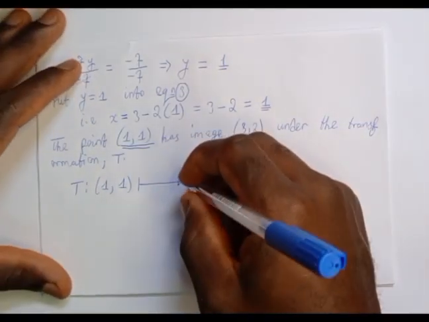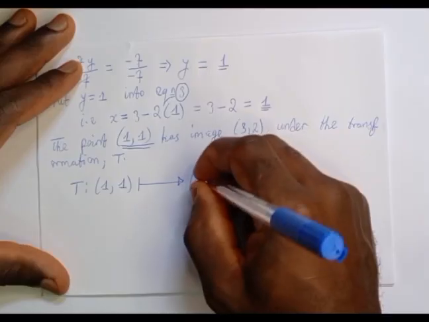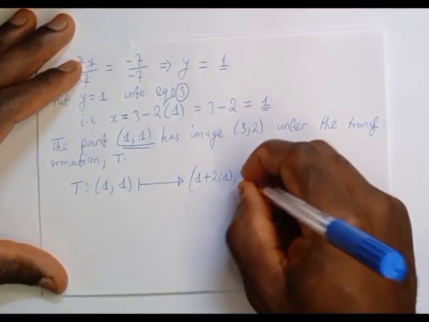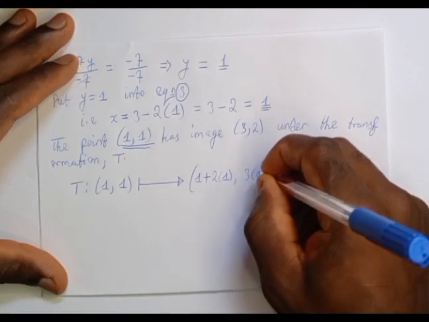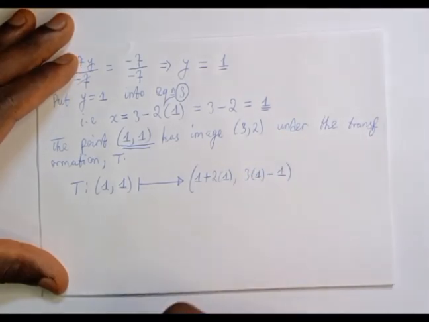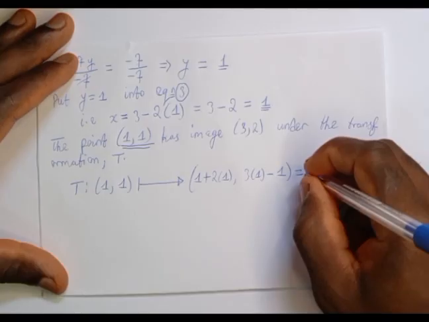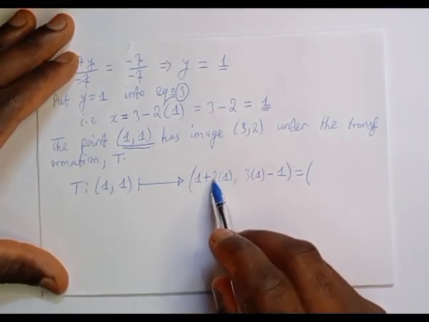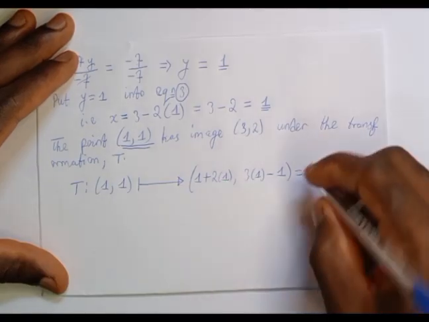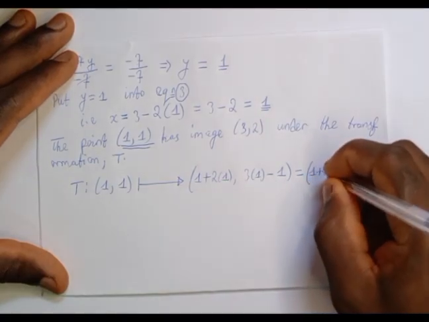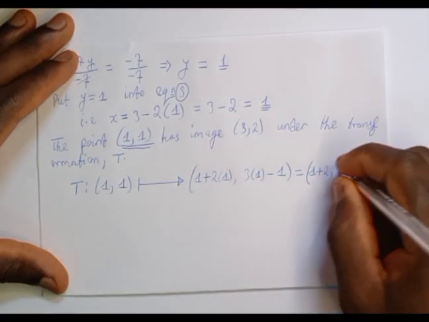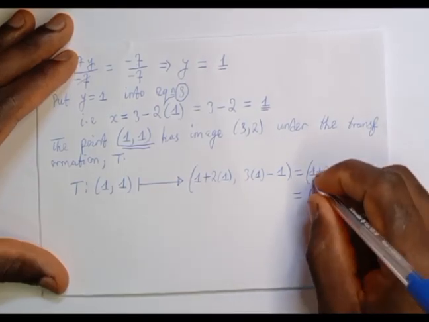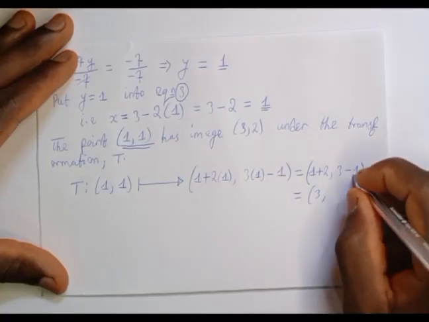This gives (1 + 2 times 1, 3 times 1 − 1), which is (1 + 2, 3 − 1), which is (3, 2).